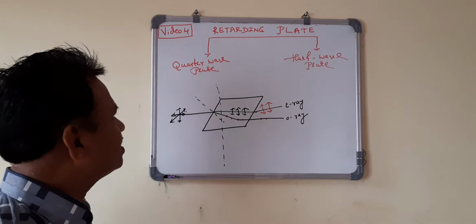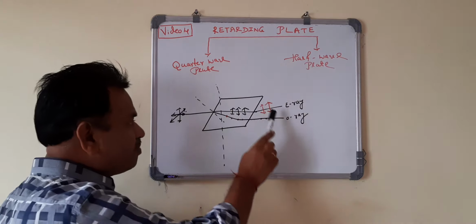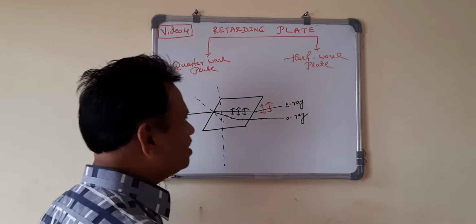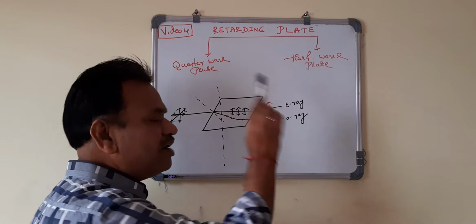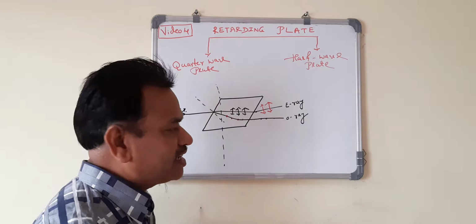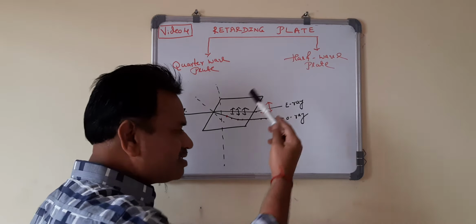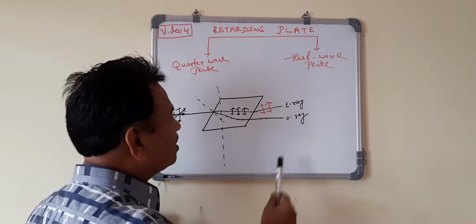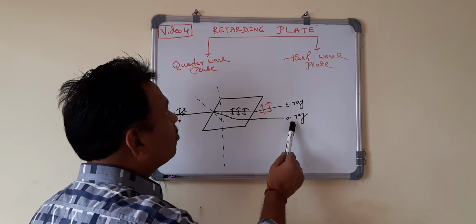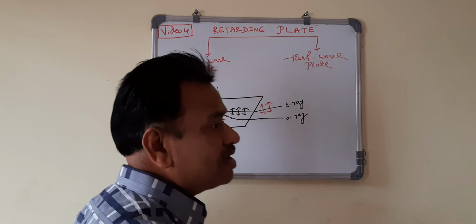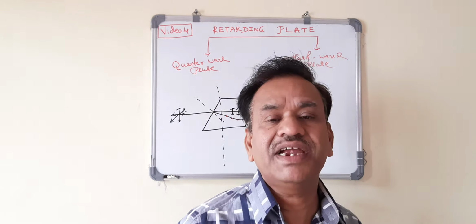Here, these plates create the path difference, or the phase difference, between the E ray and O ray, and such plates are called retarding plates.